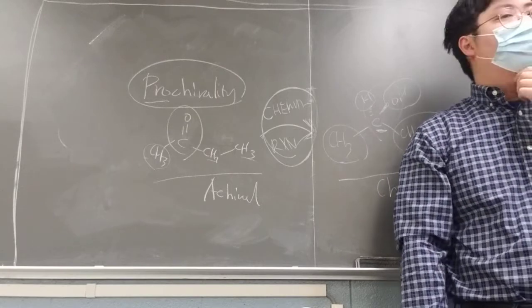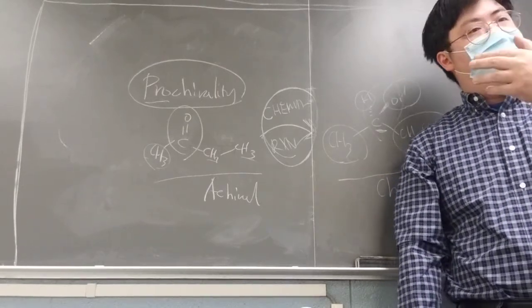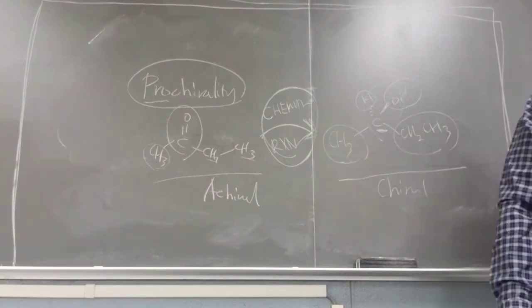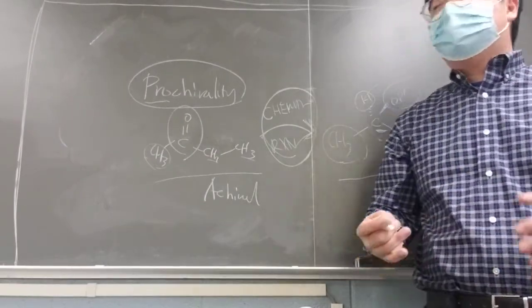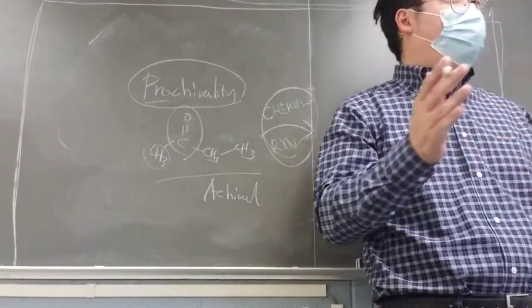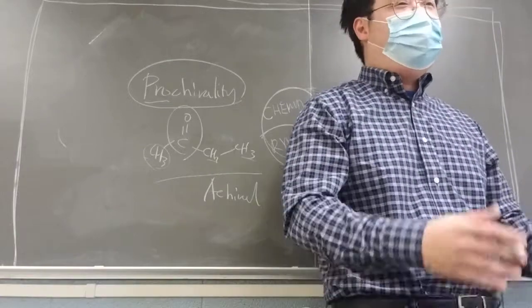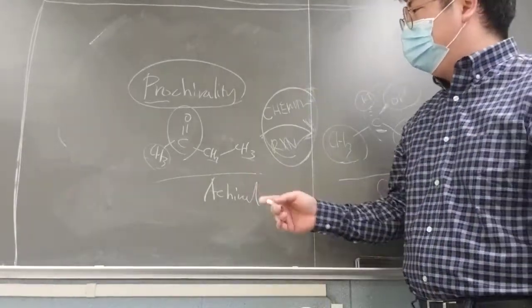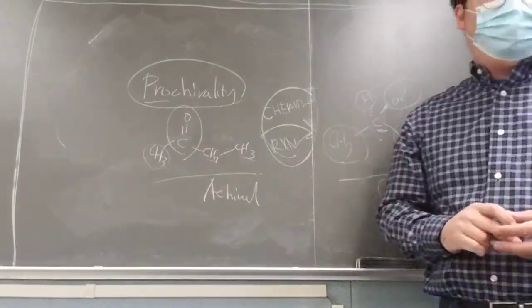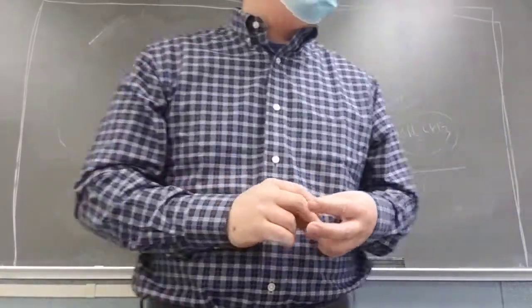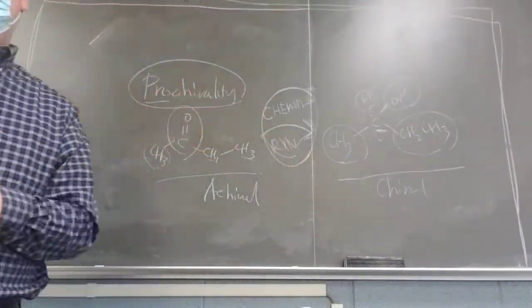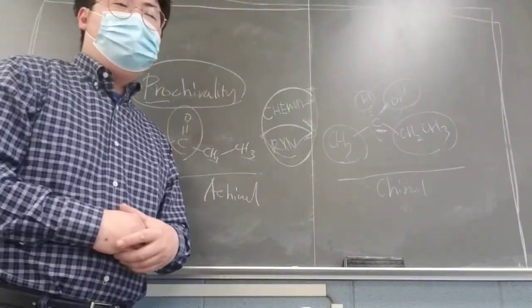That is the most important thing, a single step. Just one step makes it chiral, then we can call it prochiral. Because if you do lots of steps of chemical reaction, obviously you can make a chiral center for everything. But if only one single step makes a chiral compound, we can say this compound is indeed prochiral.